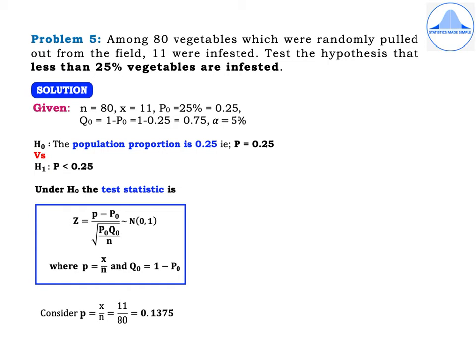Then under H naught, the test statistic is Z equal to P minus P naught divided by root of P naught Q naught by N, which follows normal 0, 1. So where p is equal to X by N and Q naught is equal to 1 minus P naught. Then find out small p using the formula X by N. So you'll get 11 by 80, which is 0.1375.